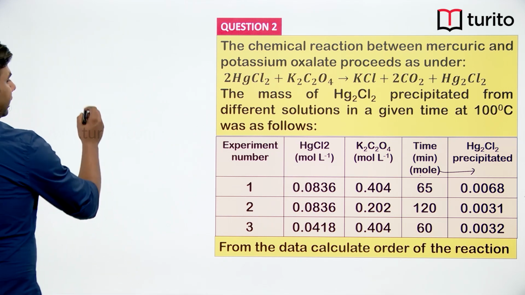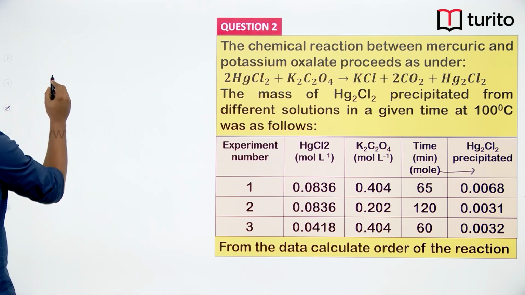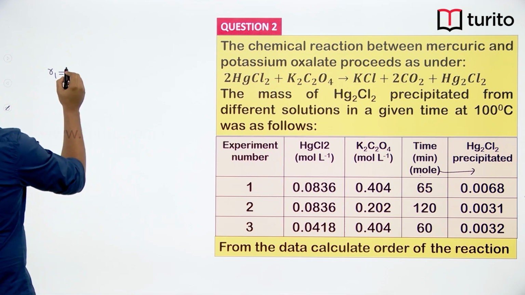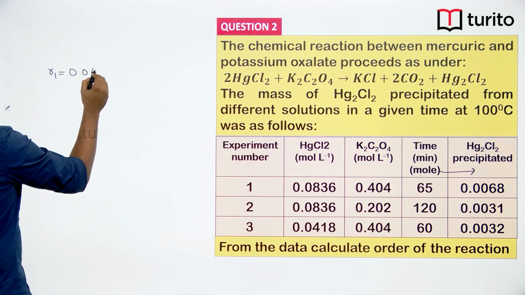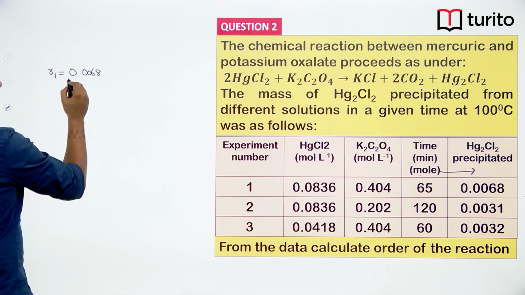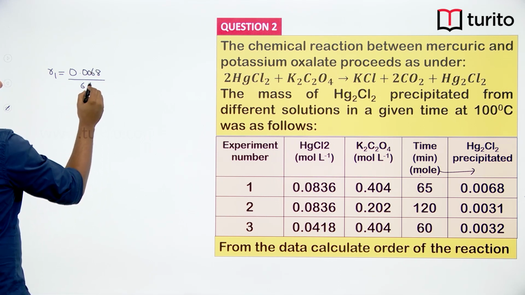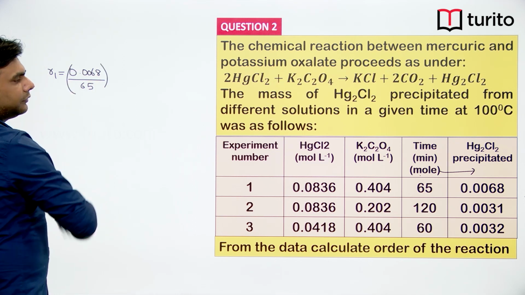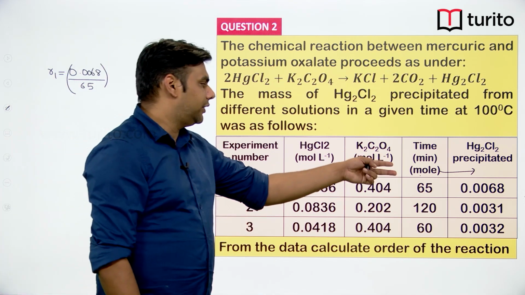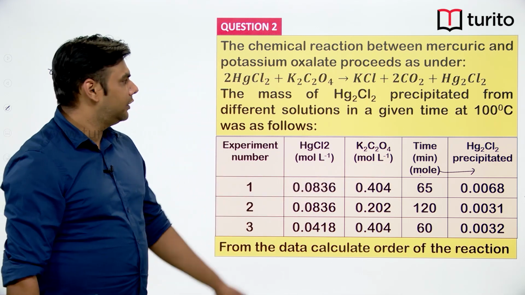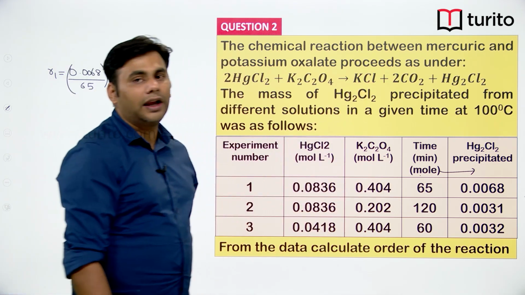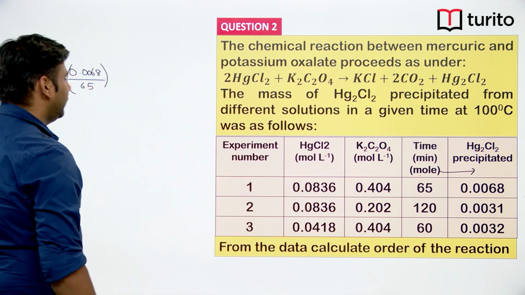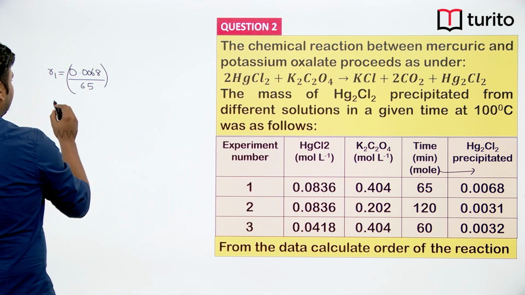So if you just plug the data, the rate would become 0.0068 divided by time, that is 65 minutes. Okay, so this would become the rate, that is moles precipitated upon time taken. Stoichiometry is 1, so again the rate of appearance would be the same as that of overall rate. So this will be rate 1.